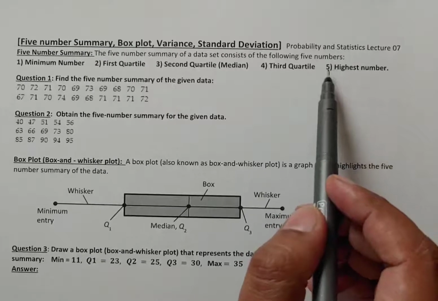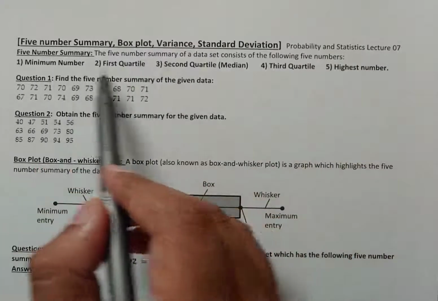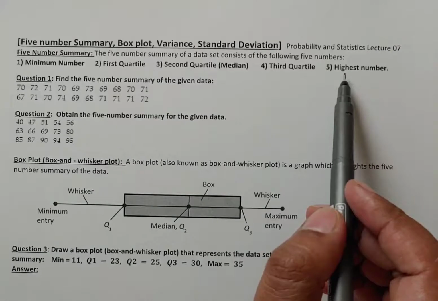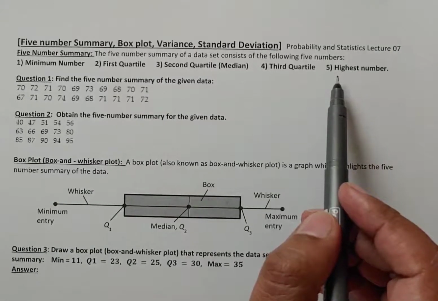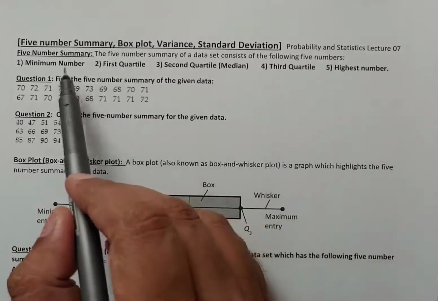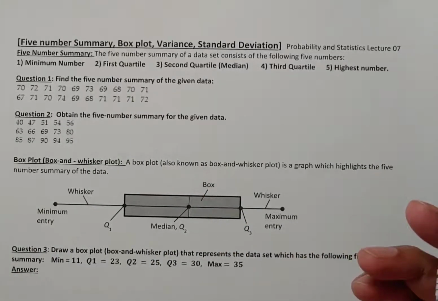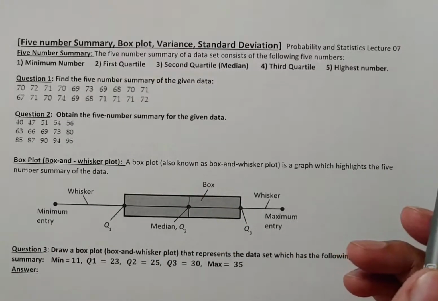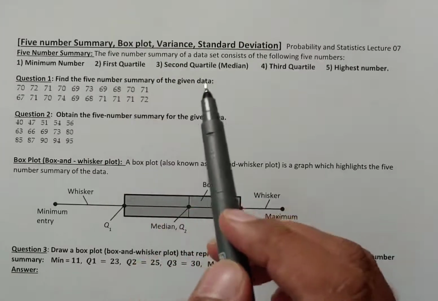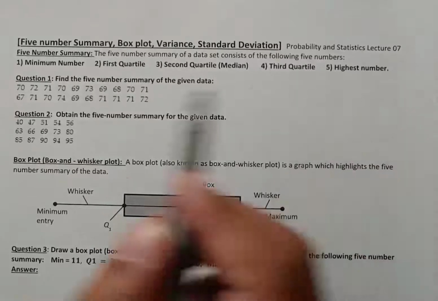From a data, if we put these 5 numbers together, that is called the 5 number summary of the data. These 5 numbers are important numbers from the data.